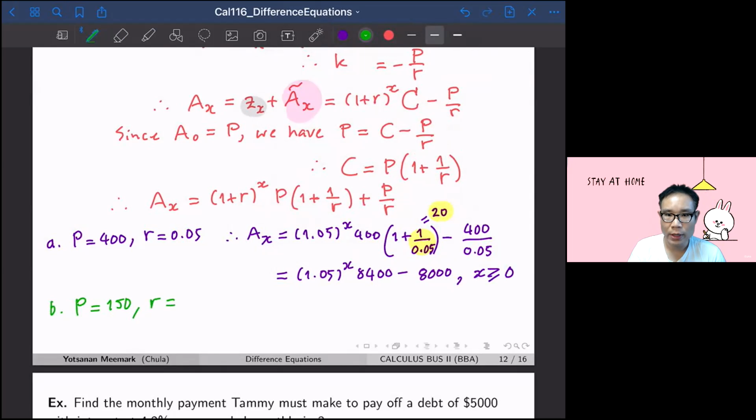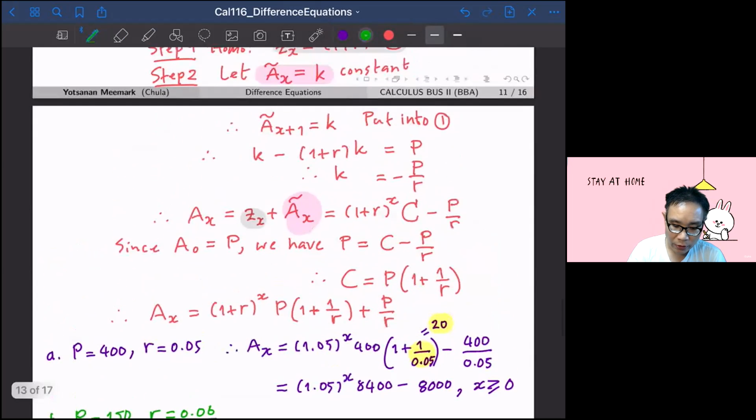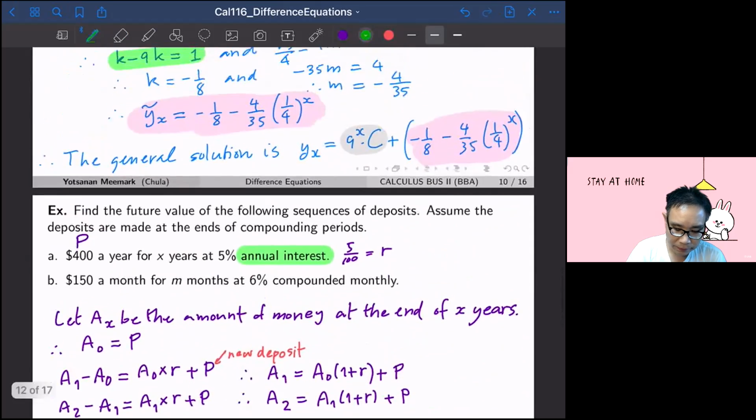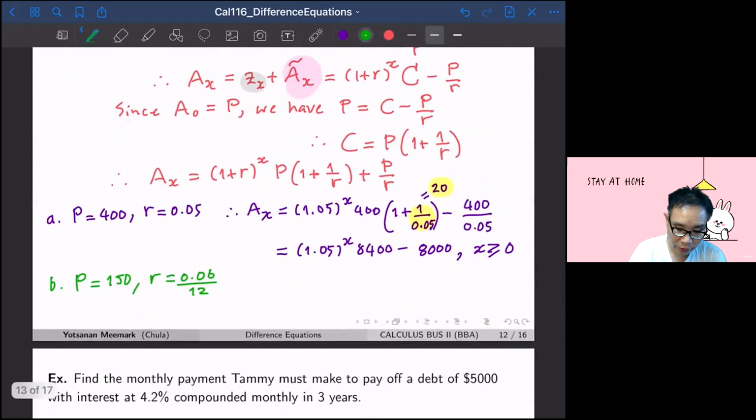However, it's not compounded annually, so it's going to be 6% that you divide into 12 months because you compound monthly. Okay, so this one is monthly. So you compound this guy monthly.